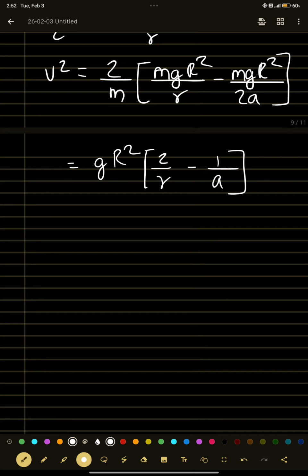That also conforms with and corroborates your equal areas in equal time theorem. Okay, so you can replace r also as a into 1 minus e, a into 1 plus e, and get velocities at the apogee and perigee of the satellite. ठीक है, ये इतना सब समझ में आ गया? बहुत बढ़िया, वेरी गुड.